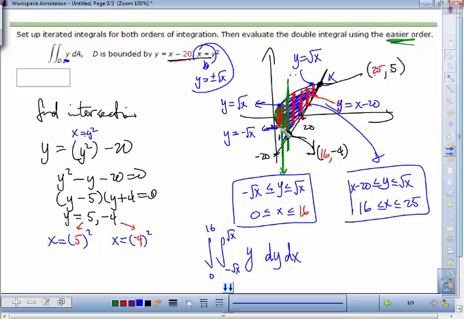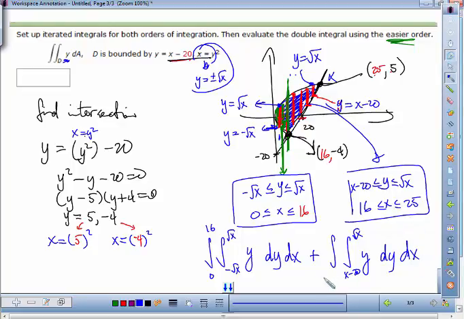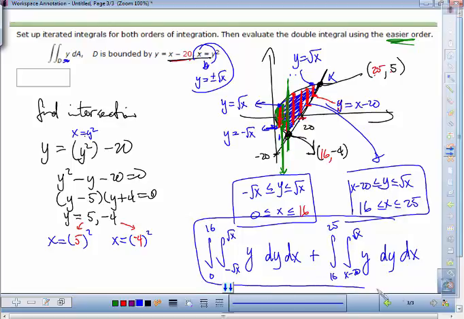So that'll give you the volume above this first part, and then the second part would be an integral, again the integrand is y, but your y limits are going to go from x minus 20 to square root of x. And then your x limits are constants, going from 16 to 25. So this is one way to do the problem. Okay?